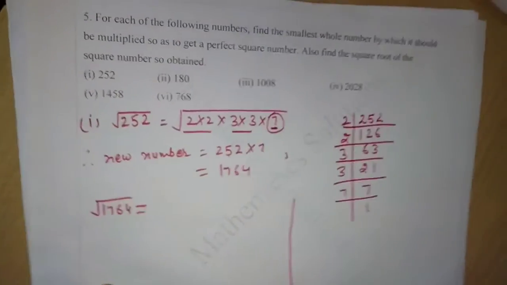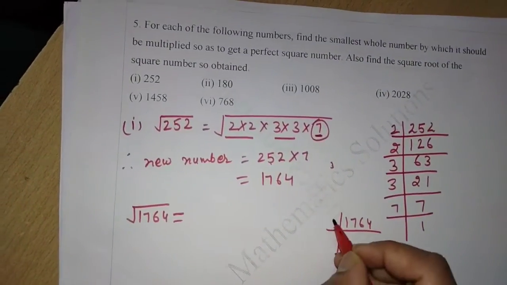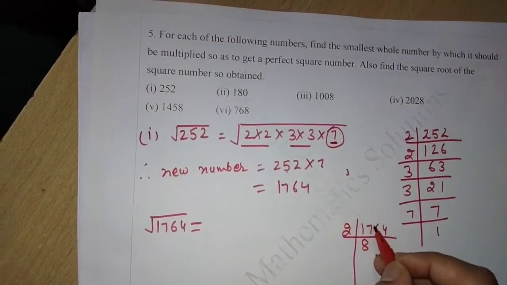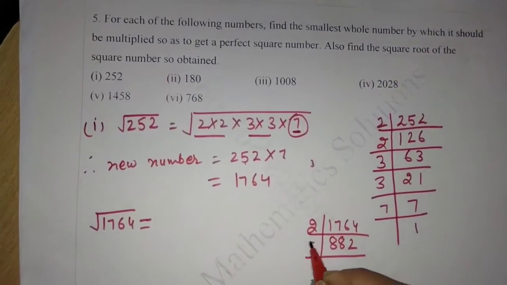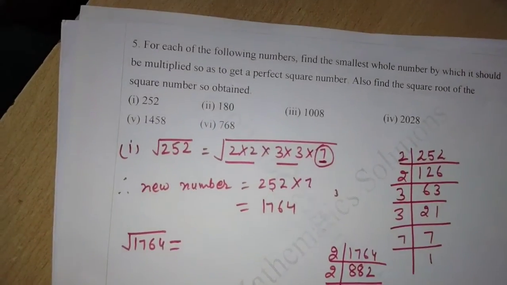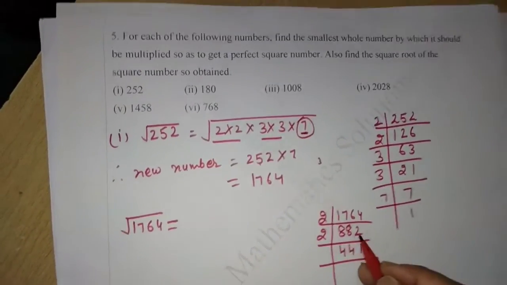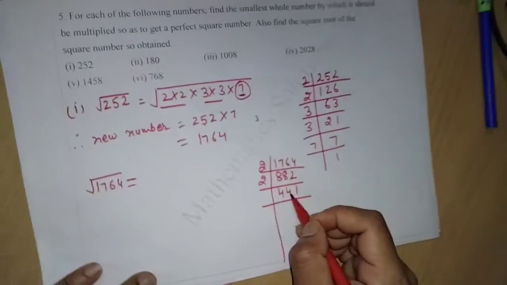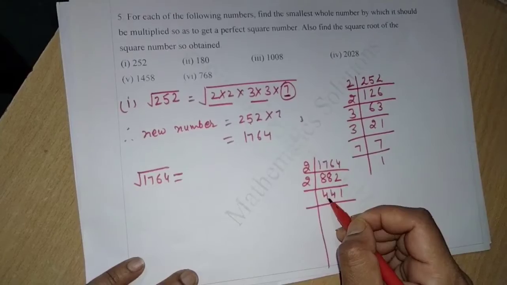Again find its prime factors. 2 8s are 16, it becomes 16 here. 2 8s are 16, 2 2s are 4, 2 4s are 8, 2 4s are 8, 2 1s are 2. Now it will not be divided by 2 because the unit digit is 1 here. Let's add these digits. 4 and 1 is 5, 5 and 4 is 9.